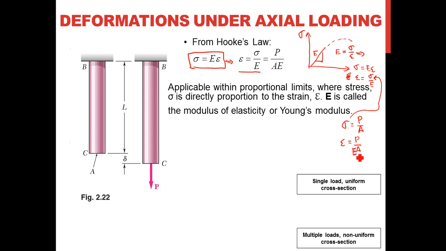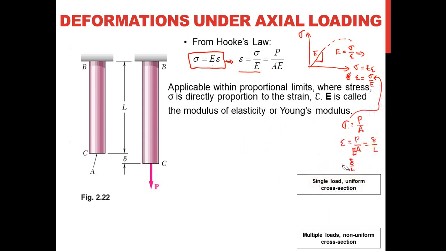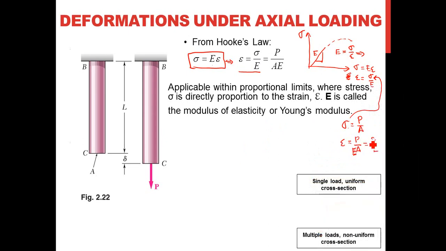equal to P over EA. And then we know that epsilon is equal to delta over L. So we can write that this is also equal to delta over L. And finally, if we write this equation in terms of delta, we bring the L into this term, so we get delta equal to PL over AE.